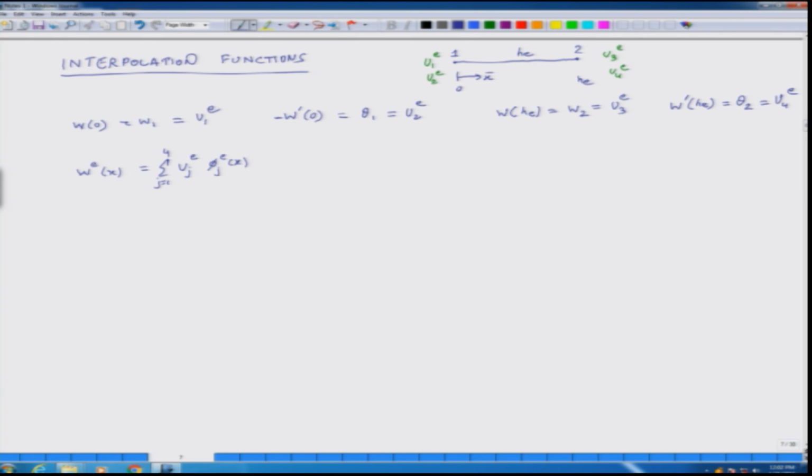So, this is U1E times phi 1 of x plus U2 phi 2 of x plus U3 phi 3 of x plus U4 phi 4 of x. Because I am having a local coordinate system, I will actually make them x bar, and also because this is all related to the eth element, I will have a superscript e for all the terms.